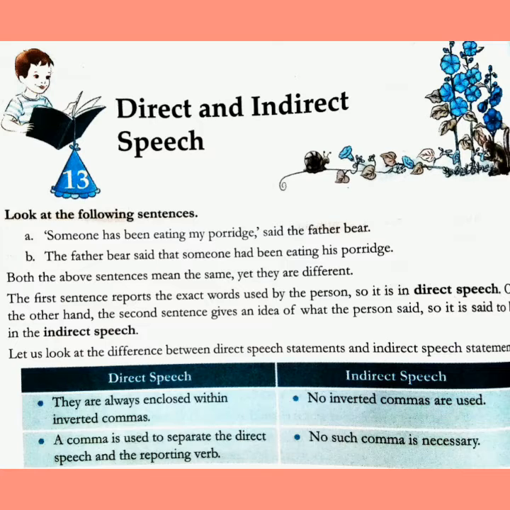Both of the above sentences mean the same, yet they are different. In the first sentence, it is direct speech. Why? Because it is in inverted commas. Whereas the second sentence gives an idea of what the person says, so it is said to be indirect speech.